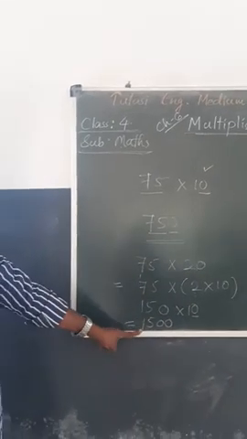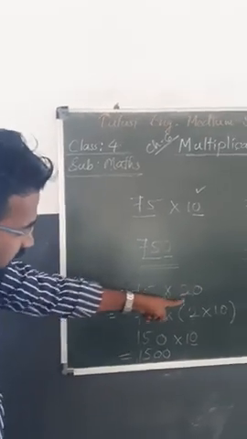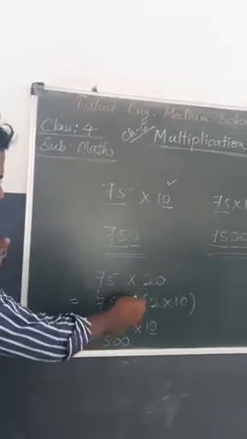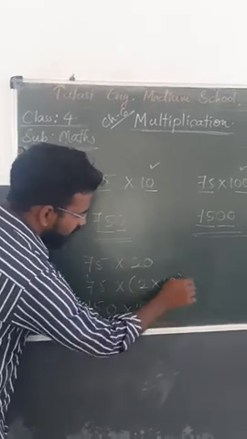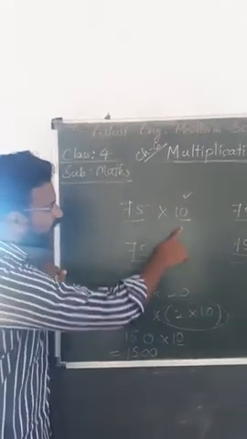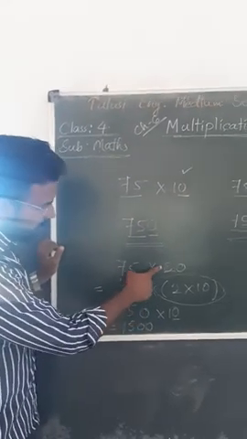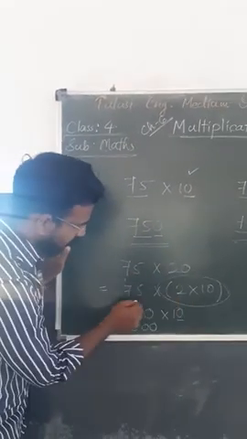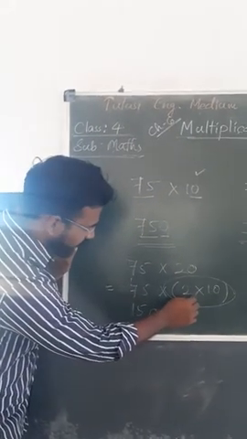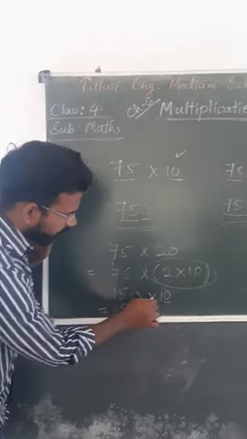It became 1500. 75 into 20 is 1500. See, 20 we made as 2 into 10 because we know how to multiply by 10, 100, 1000 in that way. So first we multiply 75 into 2, 150, into 10.